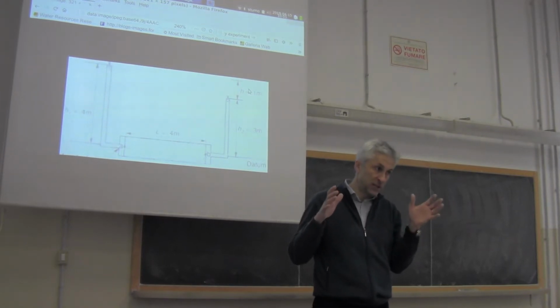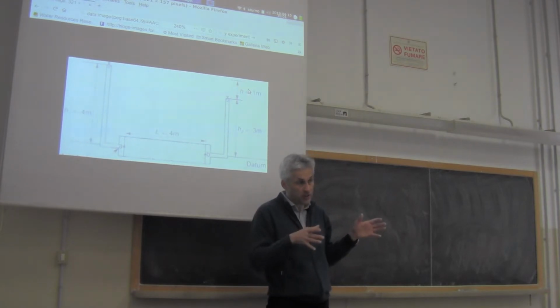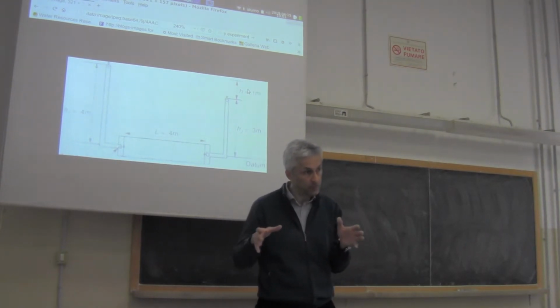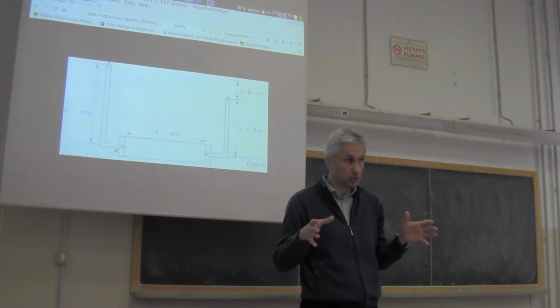And the reason is precisely the fact that in groundwater flow, the flow is very slow. It's a viscous flow. It's not a turbulent flow.